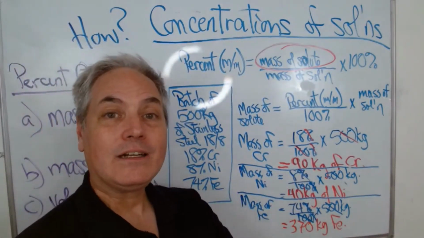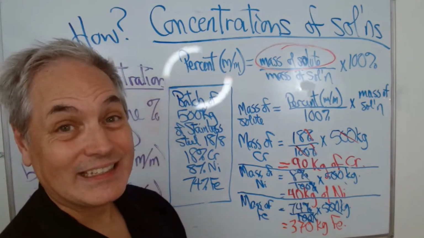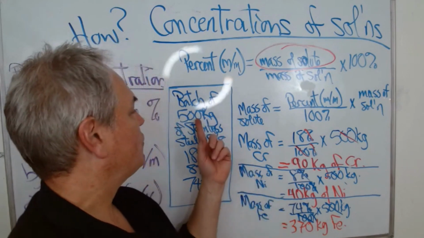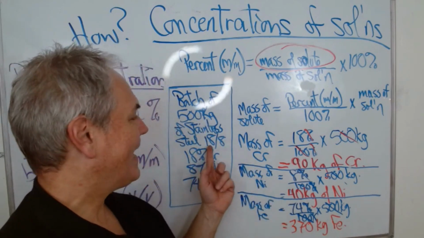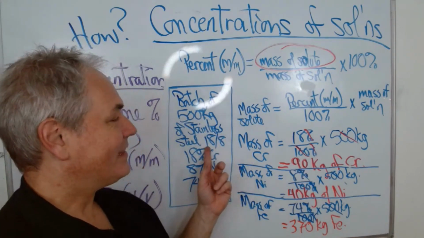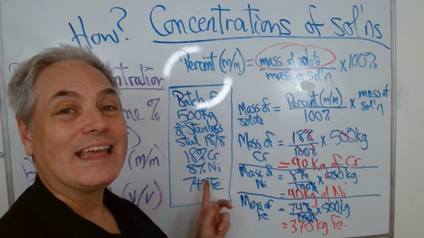Perfect. So here is the example. It's number 13 in my textbook. And the idea here is we have a company wanting to create an alloy, which is stainless steel 18-8. This is a type of stainless steel. The 18-8 means that there's 18% chromium and 8% nickel.